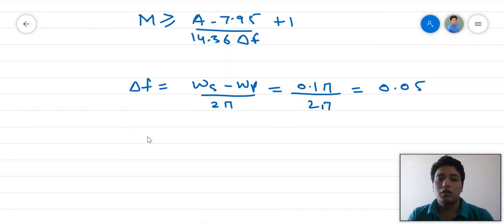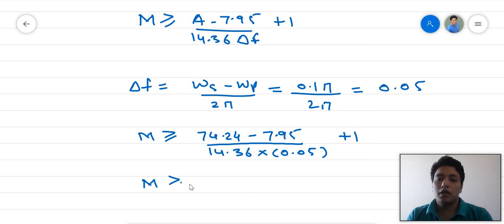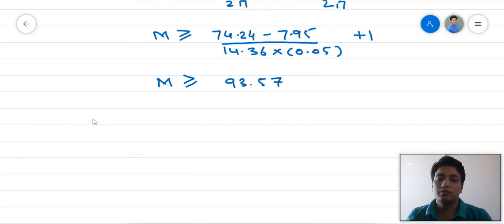Substituting this to find out the value of m will give m is greater than or equal to 74.24 dB minus 7.95 over 14.36 into 0.05 plus 1. So m is greater than or equal to 93.57.